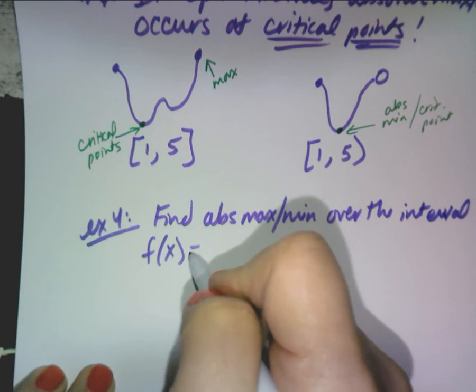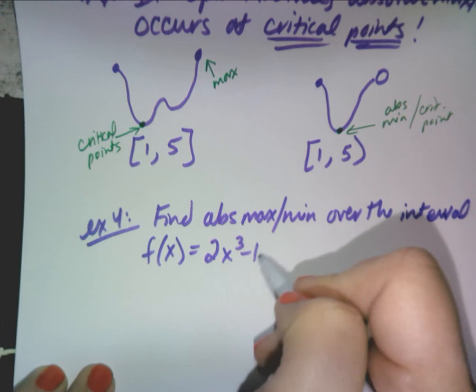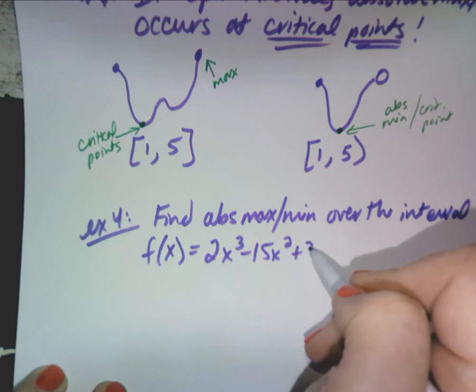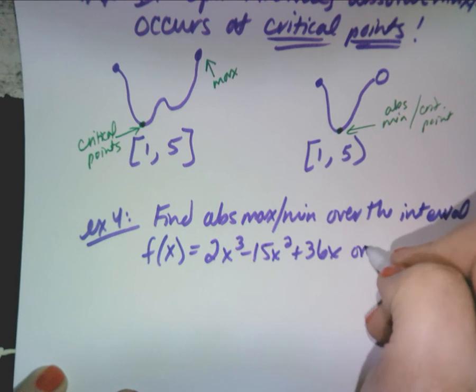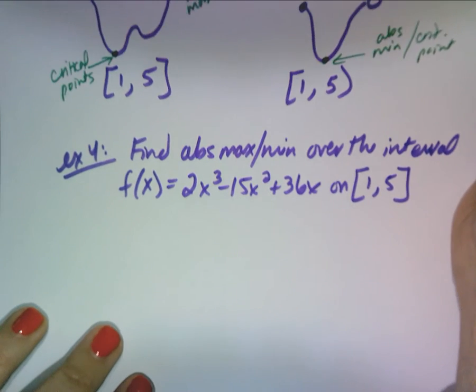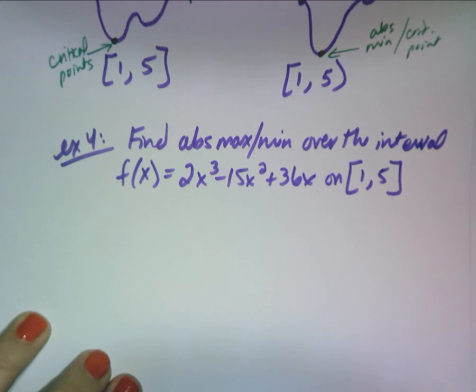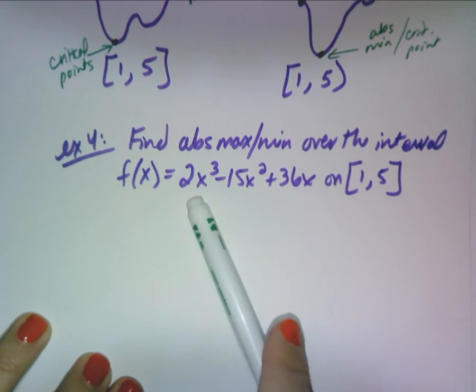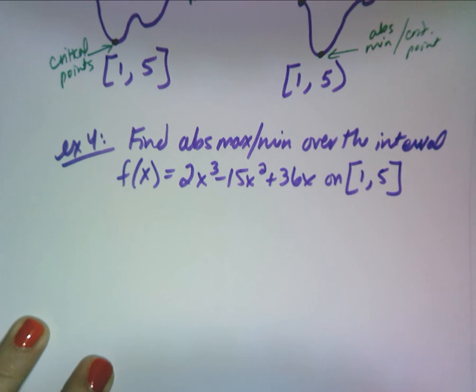Well, actually, they'll give you the function. Here we go: 2x cubed minus 15x squared plus 36x on [1, 5]. Find the absolute max and min over the interval [1, 5] of f(x) = 2x³ − 15x² + 36x.